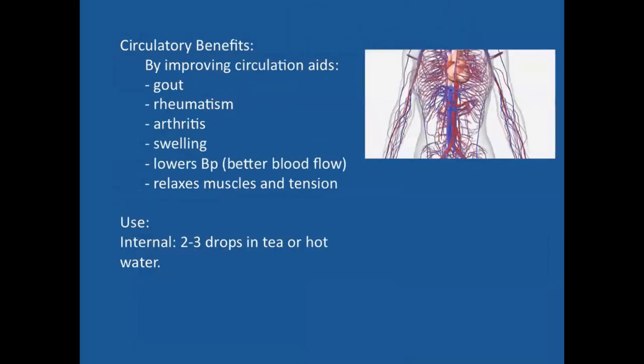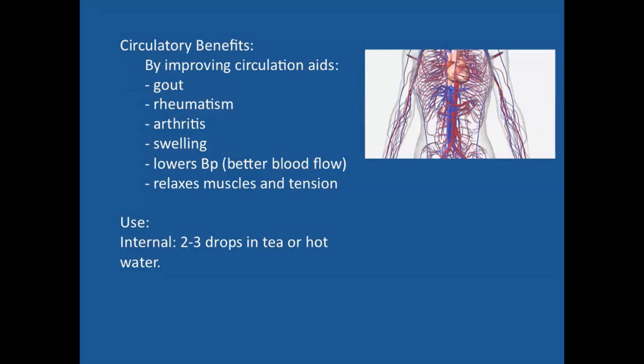So there are some circulatory benefits that hyssop provides. It improves circulation, and by improving circulation, you can improve conditions like gout, rheumatism, arthritis, swelling. It actually helps to lower the blood pressure because you have improved flow, can help relax muscles and reduce tension in muscles.